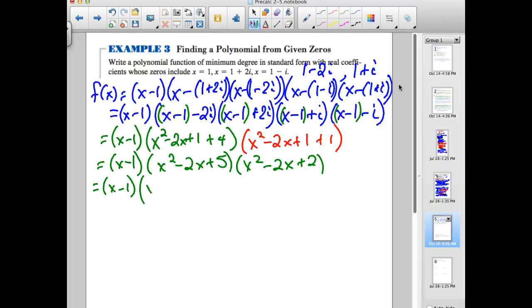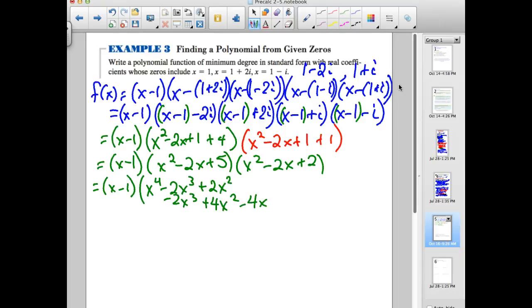x squared times x squared is x to the fourth. x squared times negative 2x is negative 2x cubed. x squared times 2 is 2x squared. Negative 2x times x squared is negative 2x cubed. Negative 2x times negative 2x is positive 4x squared. Negative 2x times 2 is negative 4x.